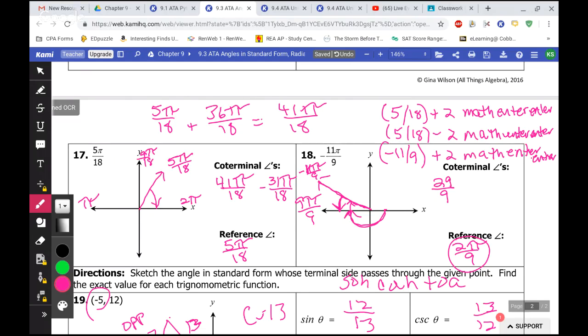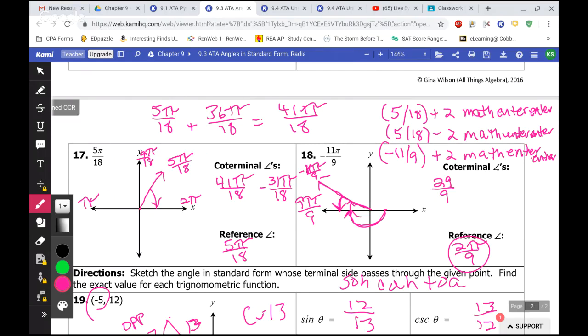Wait, was I supposed to type in negative 11? Oh, no, I didn't. Okay. Because that sounded kind of high. So you want to type in open parentheses, negative 11 divided by 9, close parentheses, plus 2, math, enter, enter.